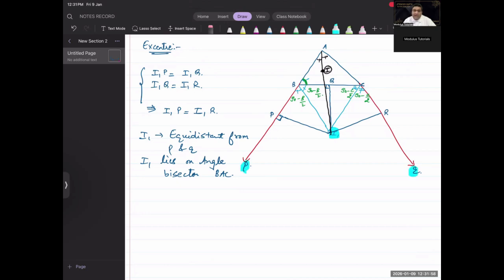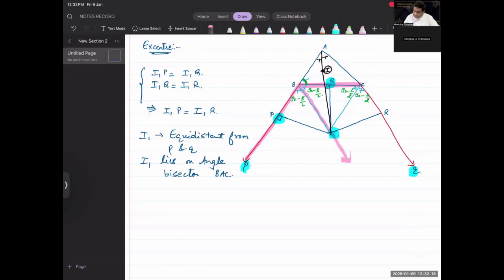Got it? Remember, this is the angle, right? And this is the bisector, right?